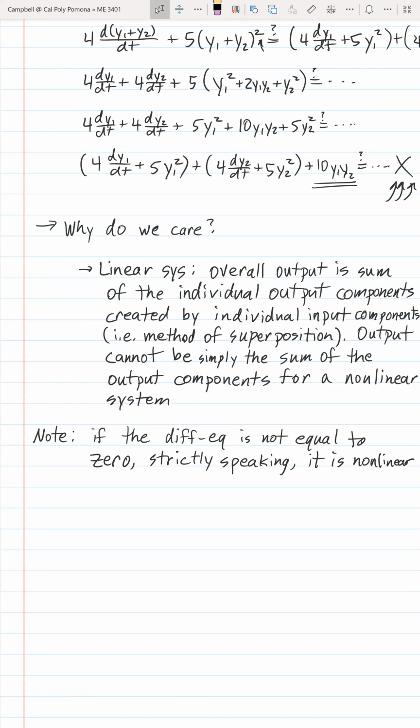And so to see that, let's say that we have a linear ODE that is dealing with a function f.